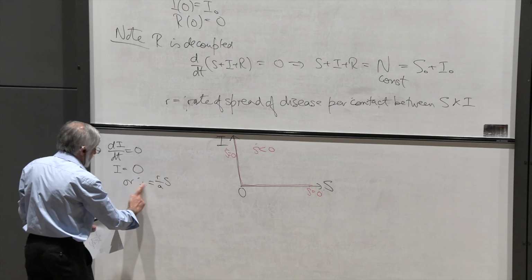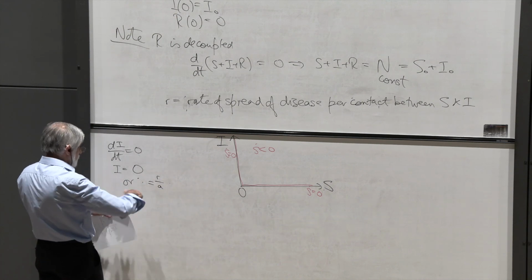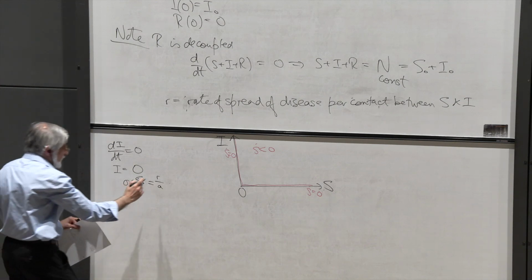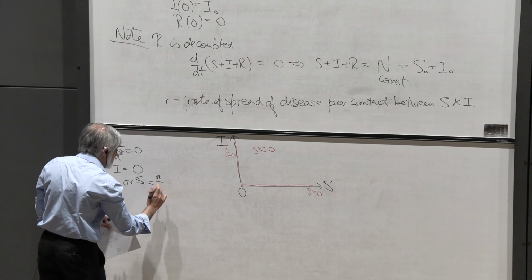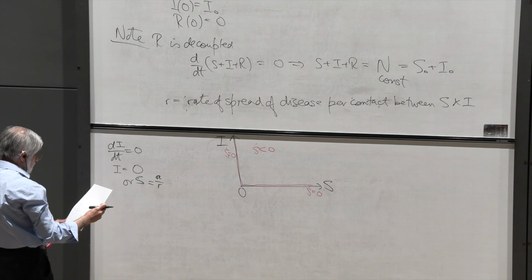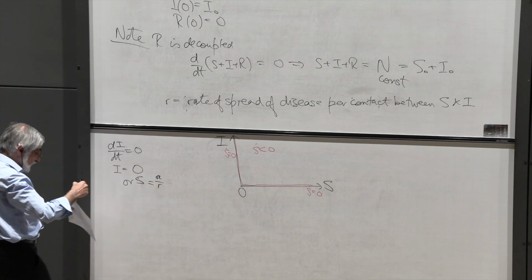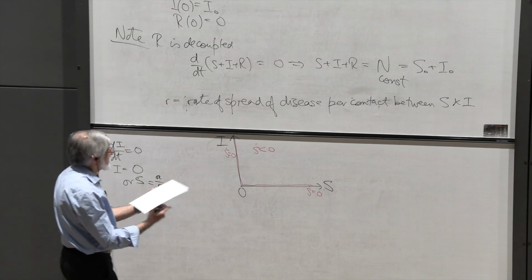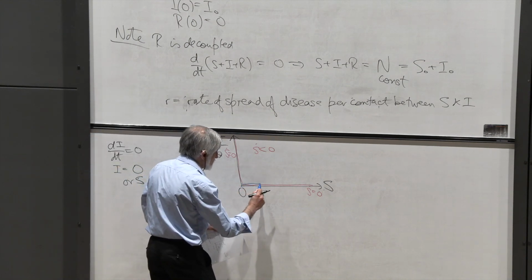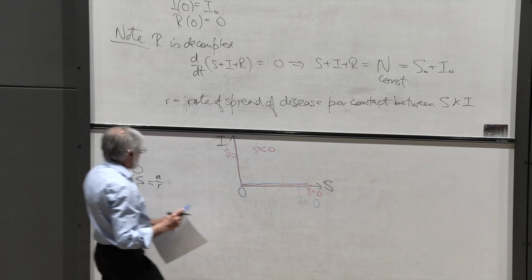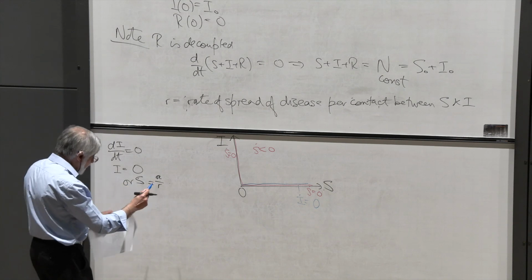Sorry, that's wrong. That gives you S equals a over r. Because you can cancel the I, and then S is a over r. Make sure I've got that right. Yeah, that seems to be right. So I equals 0 is this line, and then S equals a over r.